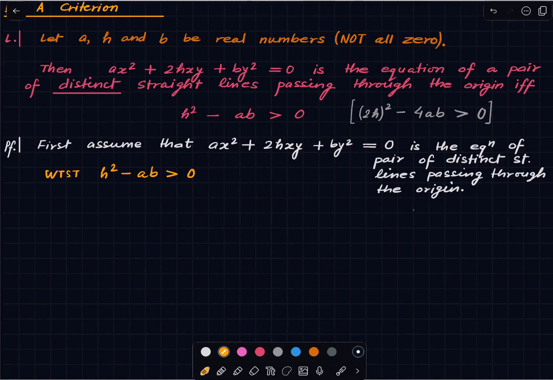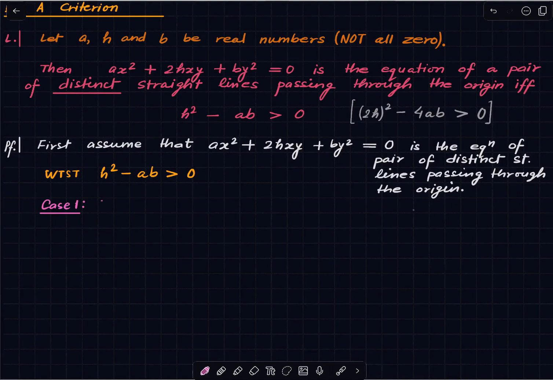Okay, so there are two cases. These two cases are just to kind of facilitate a simpler proof. So case 1 is that one of these lines is vertical. So one of the lines out of the two straight lines that this equation captures, one of them is vertical, meaning one of them is the equation x equals 0.